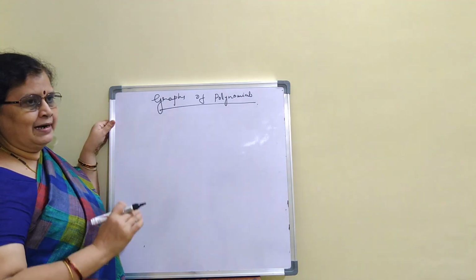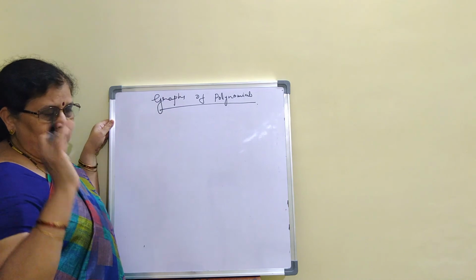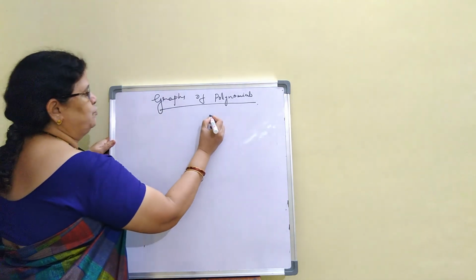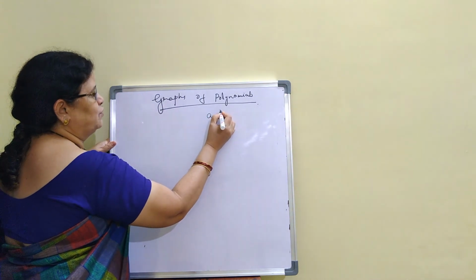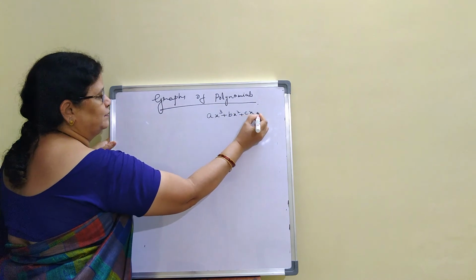If it is quadratic, at most 2, can be 1 also, can be 0 also. And if it is a cubic polynomial, at most 3. A cubic polynomial is of the form ax cube plus bx square plus cx plus d.